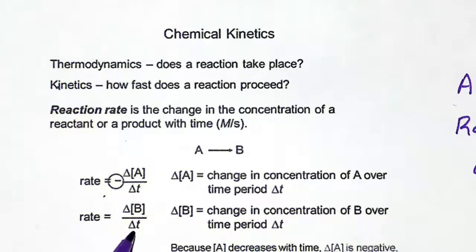And this is the derivative of B with respect to t, time. So the rate of change is nothing more than the first derivative. For the reactant, that rate of change is going to decrease because the reactant is decreasing over time. And for the product B, it's going to increase over time.